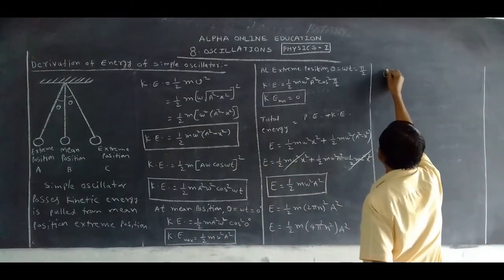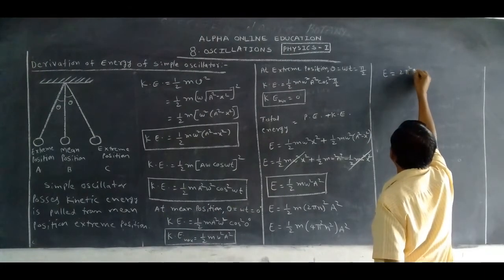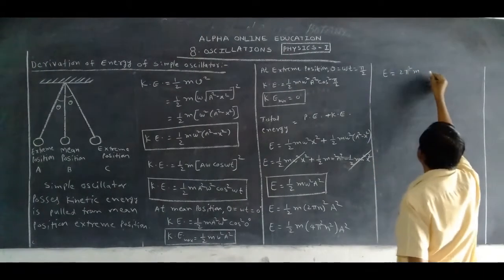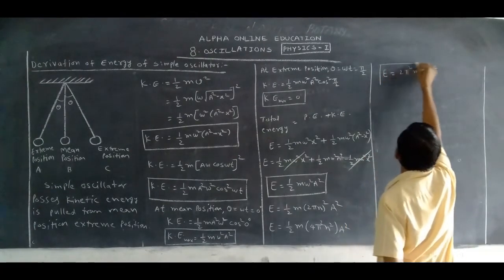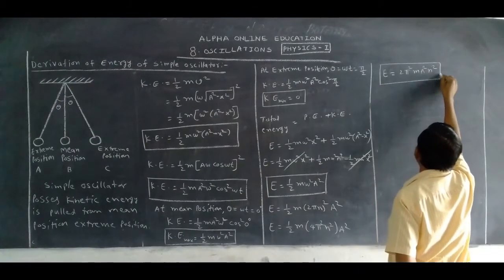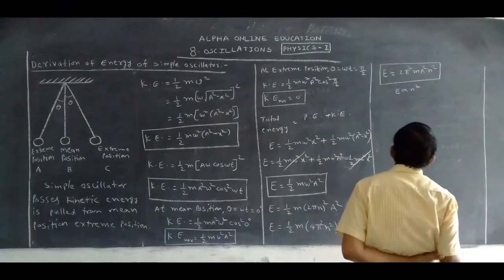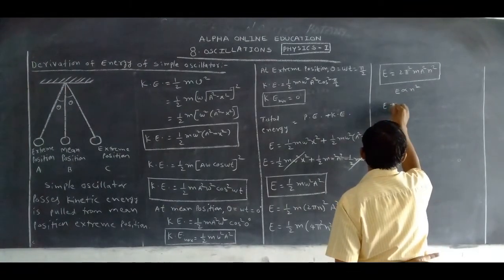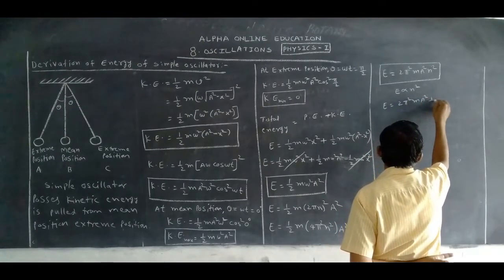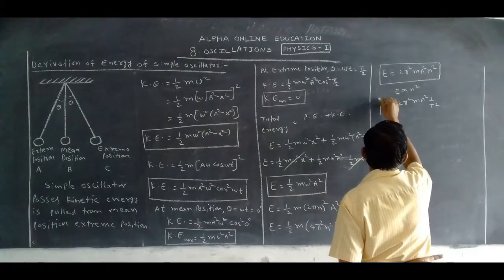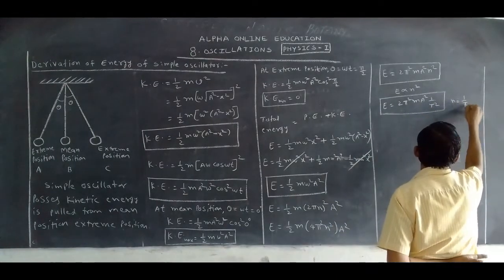So E is equal to 2 pi square m a square n square. So what can we get here? E is proportional to n square. E is equal to 2 pi square m a square into 1 by t square. Here it is. Why? n is equal to 1 by t.